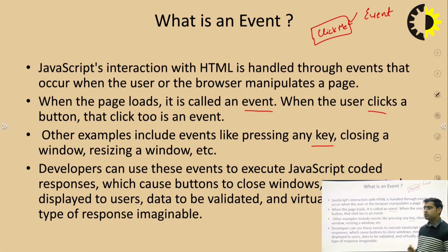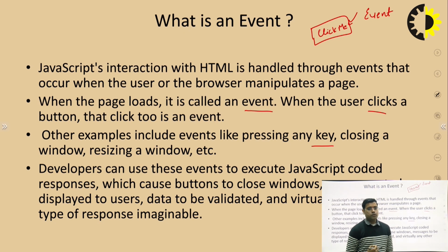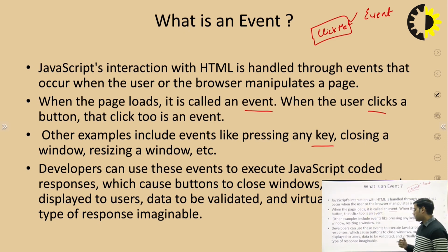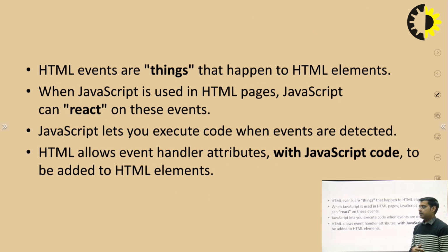Developers can use these events to execute JavaScript coded responses, which cause a button to close a window, messages to be displayed to the user, data to be validated and all. HTML events are things that happen to an HTML element.